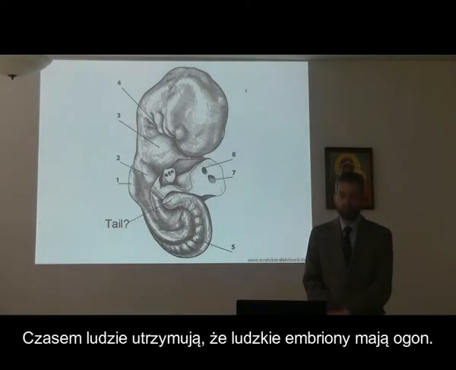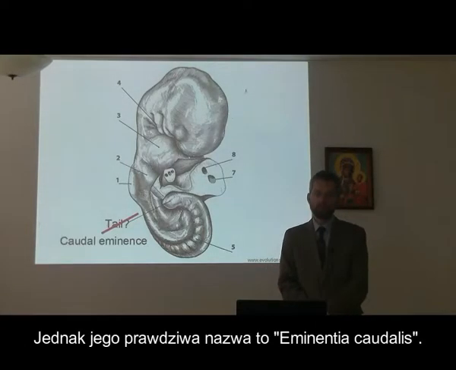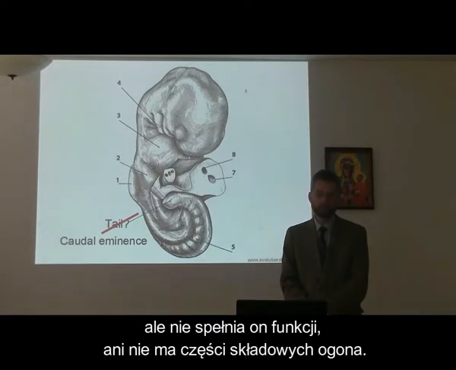And sometimes people claim that human embryos have a tail. However, the real name is caudal eminence. And it only looks like a tail if you look from far away, but it never has the function or the contents of a tail.